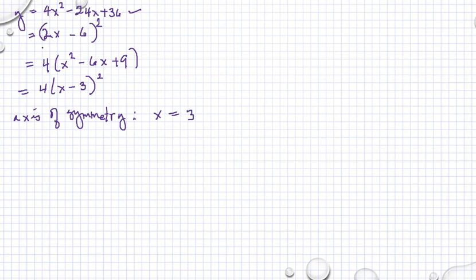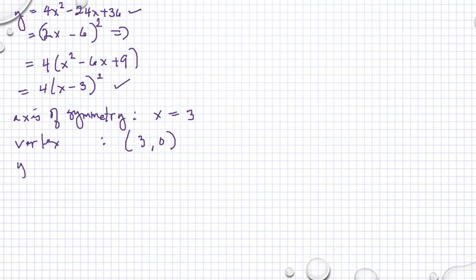Positive 3, not negative 3. And then your vertex is always (3, 0). If you solve this, your h is also 3. That's why it is easier to do it this way.